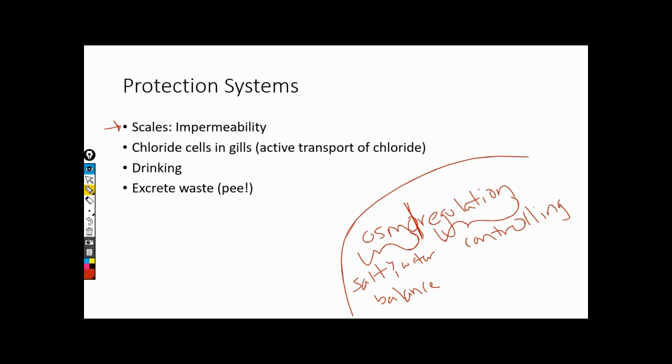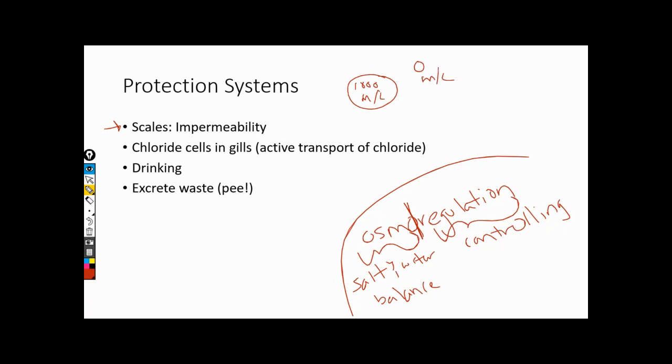As we thought about before, being that kind of leaky bag, having scales helps prevent exchange within that bag. So here's my little organism, whatever my content is, and maybe I'm sitting in fresh water.